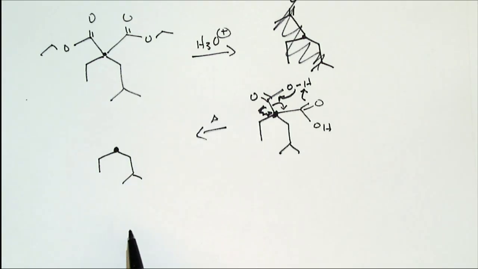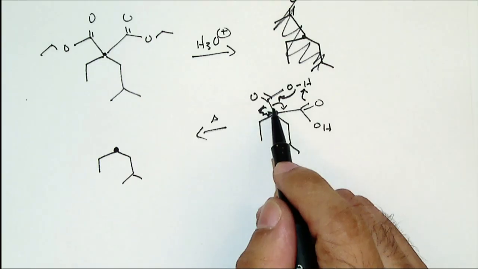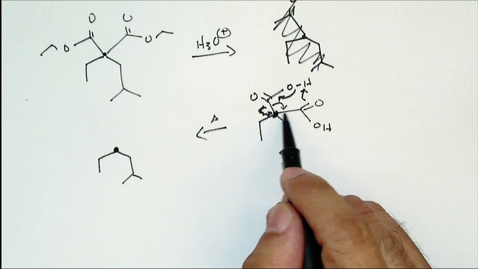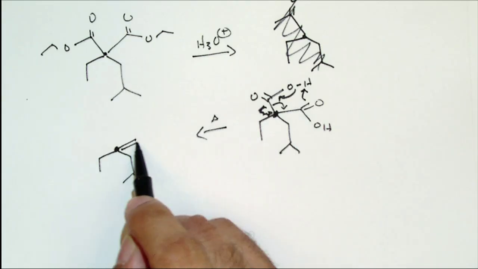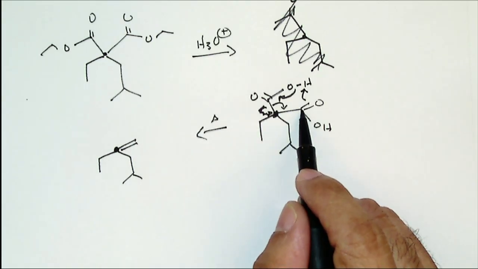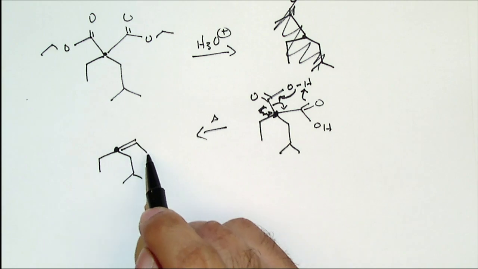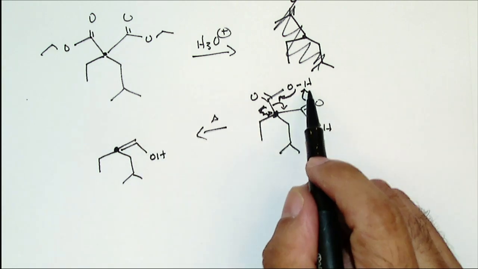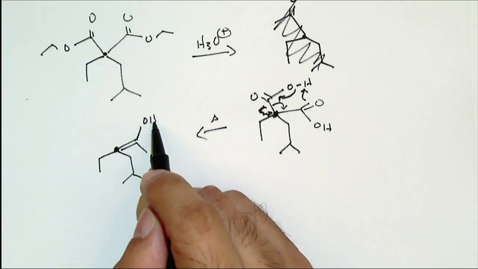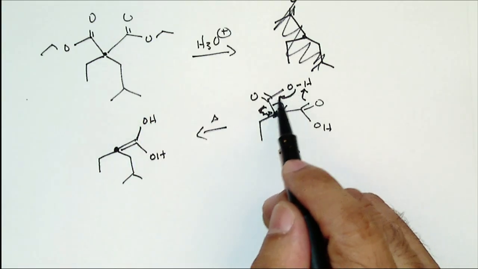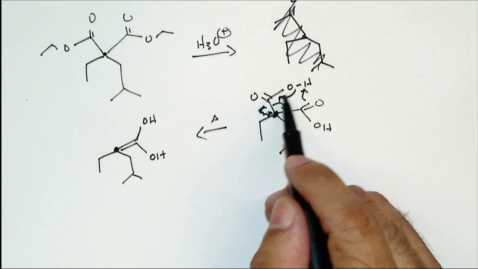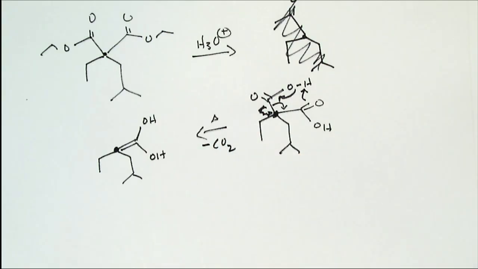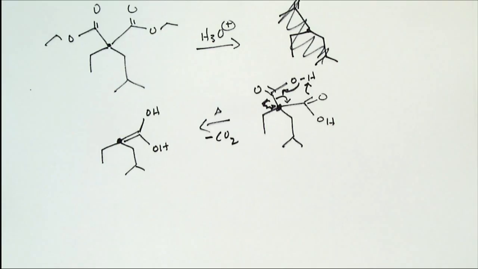It has an isopropyl group. Okay, there's no longer a carbon-to-carbon bond here, but instead there's a double bond here, which is like that. And that carbon has an OH, which is like that. And it has another OH here when this oxygen picks that up. So I have that. And I have formed CO2. So I've given off carbon dioxide gas, which makes this reaction energetically very, very favorable.